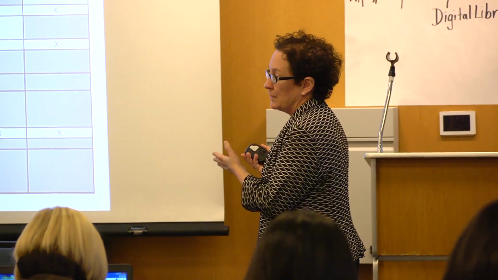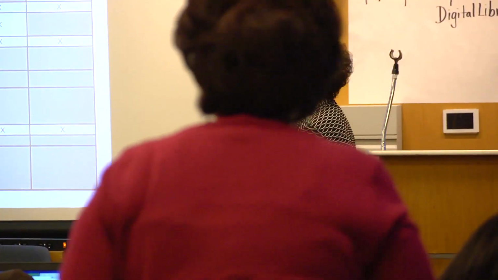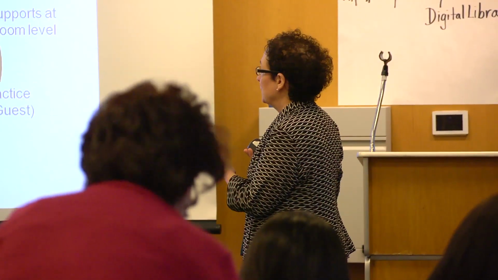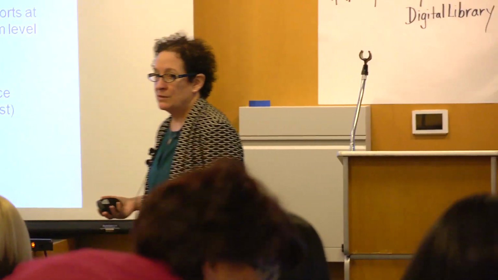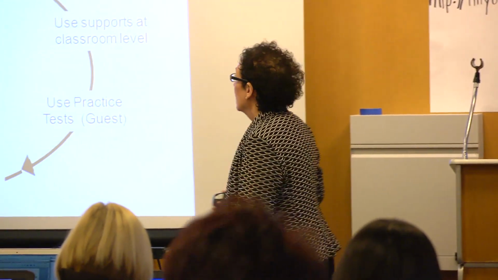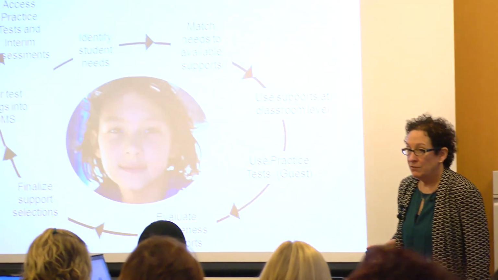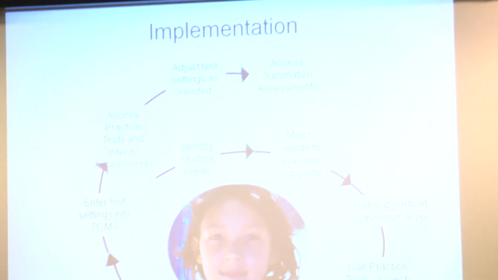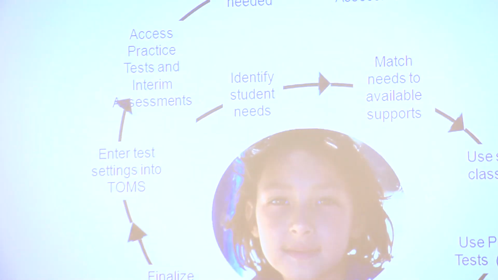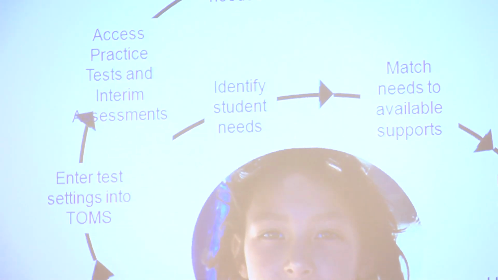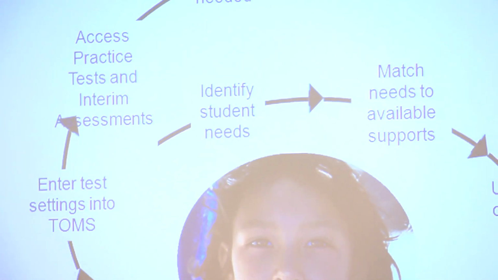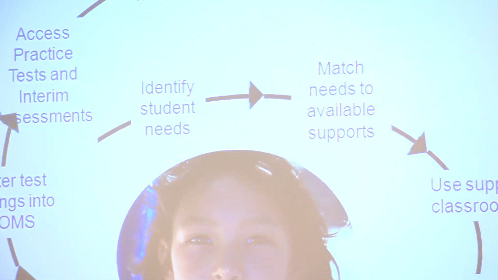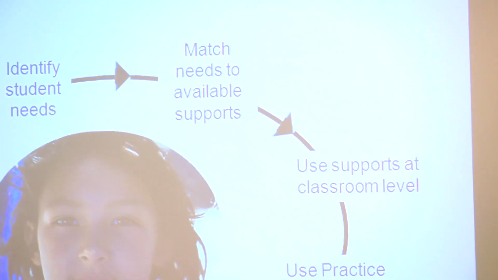So I would urge you to download Matrix 1 from the CDE website and take a look at what's in there. So this is the implementation of the designated supports and accommodations. This is the process that ideally would be set up. We start in the middle, up above our beautiful young lady's head, identifying the student needs. That can happen with the teacher, with the student, the parent, right?